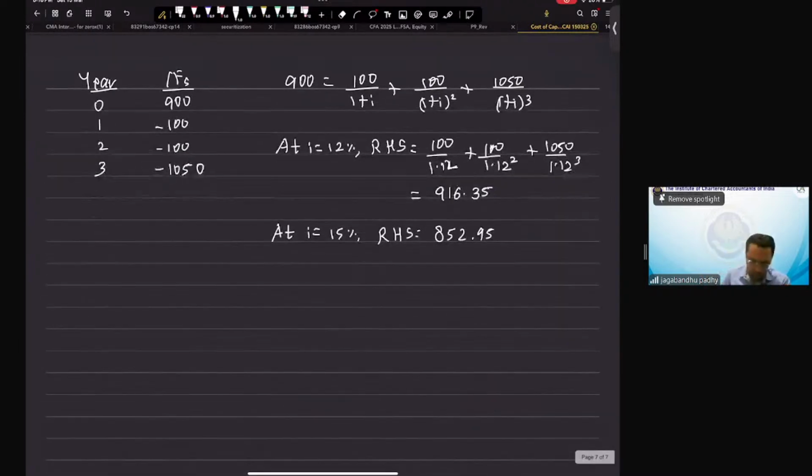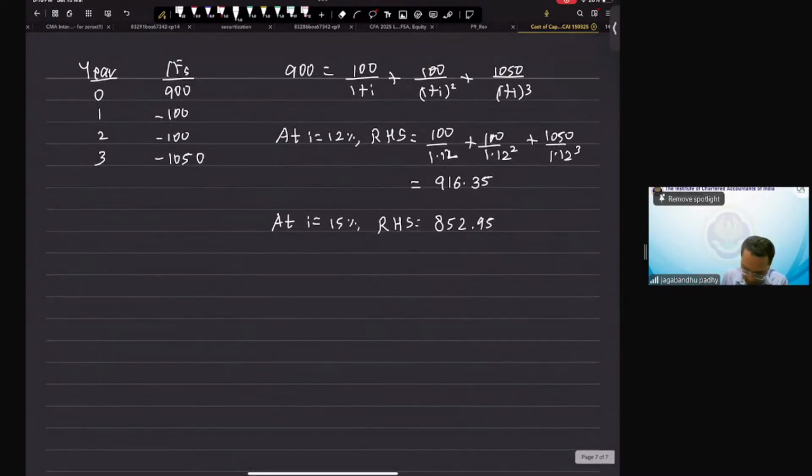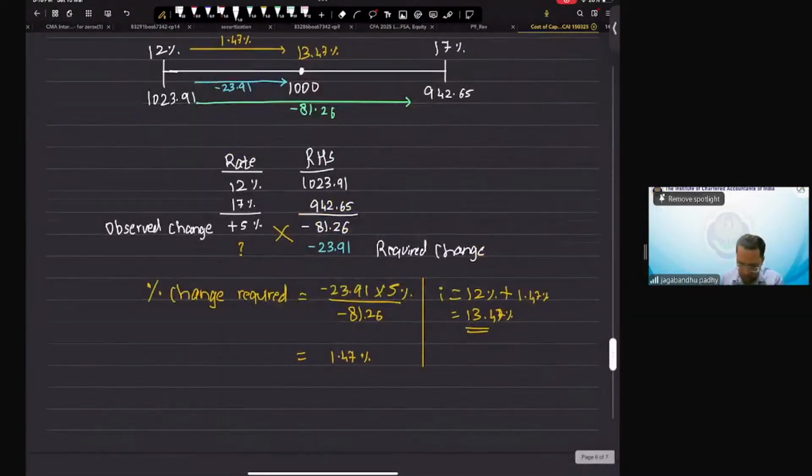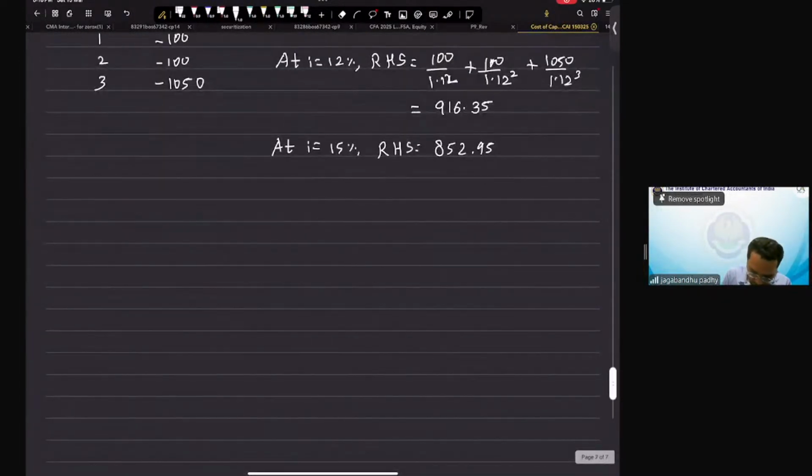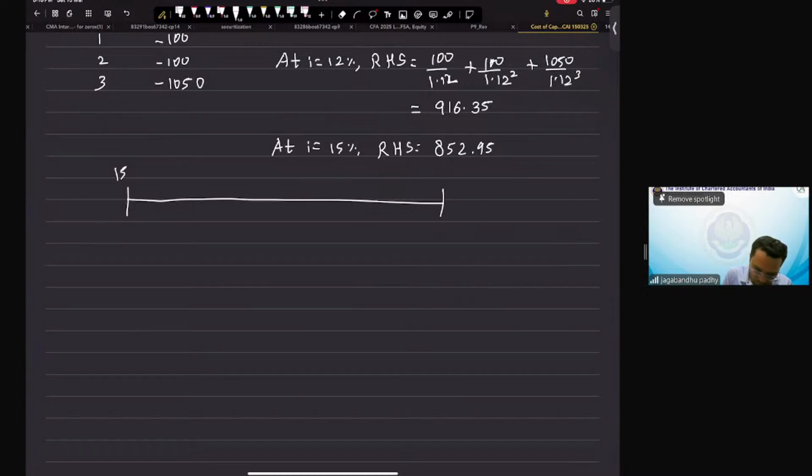Yeah. So if you go ahead with the interpolation, you can simply use the same method. Therein we say, at 12% and 15%, that's 916.35 and 852.95. And we want the value to be 900.